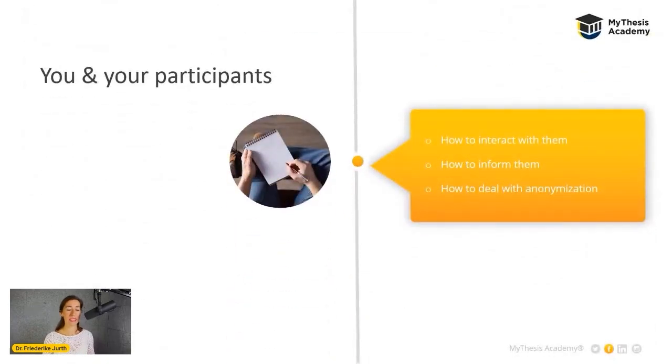So, as a next point, we will have a closer look and focus on the relationship between you and your participants.